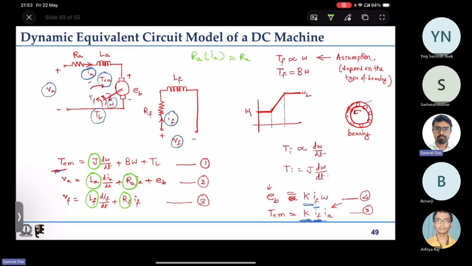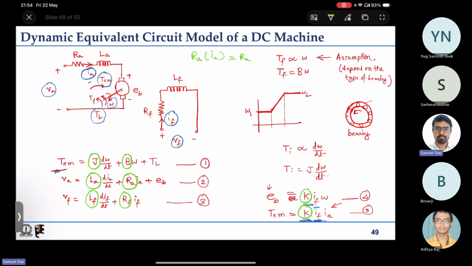Again, for the mechanical subsystem, we have the moment of inertia J and the frictional coefficient B, which are the two parameters for the mechanical subsystem. And in the electromagnetic energy transfer, we have this constant K, which is another parameter of the system, which decides for a given speed and field current what the induced EMF will be, and for a given armature current and field current, what the electromagnetic torque will be.